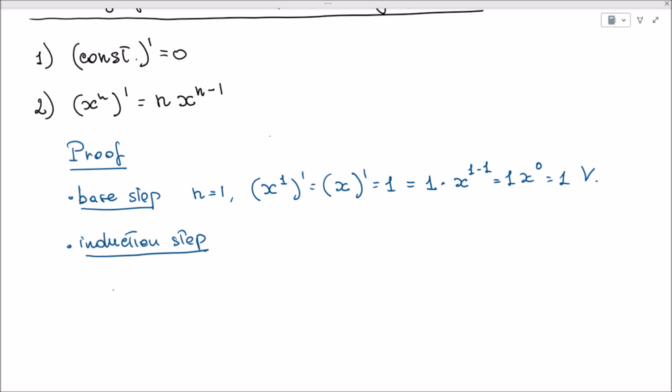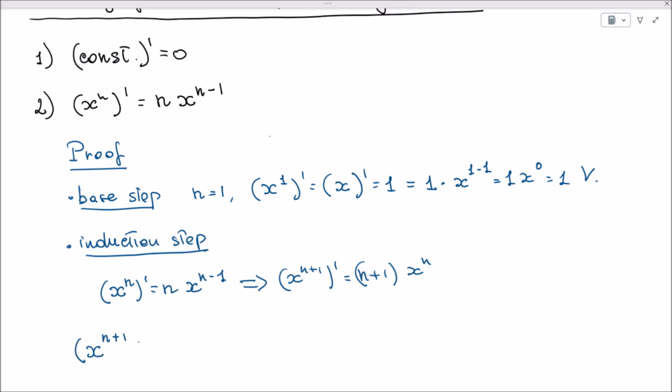What is the induction step? Well, we assume that the derivative of x to the n is equal to n times x to the n minus 1, and we want to prove that the derivative of x to the n plus 1 is equal to n plus 1 times x to the n. Okay, so let me start by writing the derivative of x to the n plus 1.